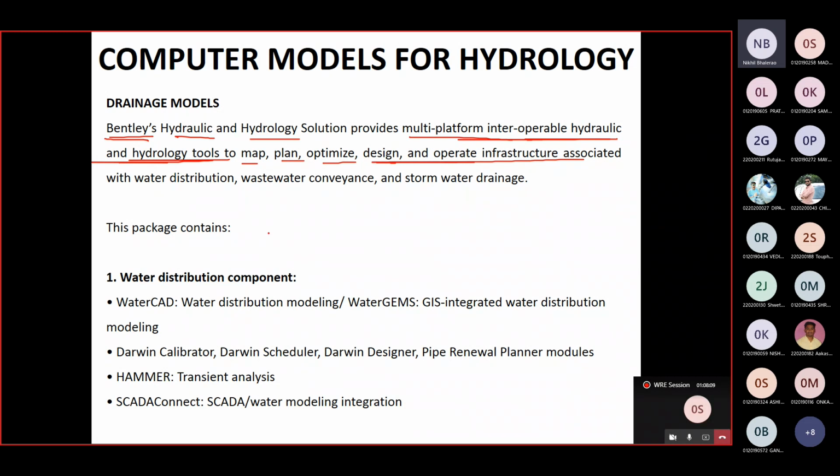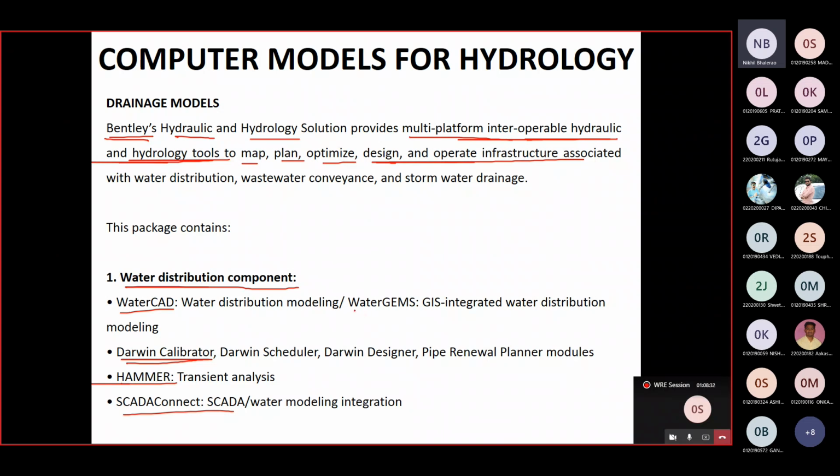You have heard about the various software under the Bentley package, like the water distribution components. If you consider that, we have WaterCAD, then WaterHammer, Darwin Calibrator, SCADA Connect, etc. So various integrations.